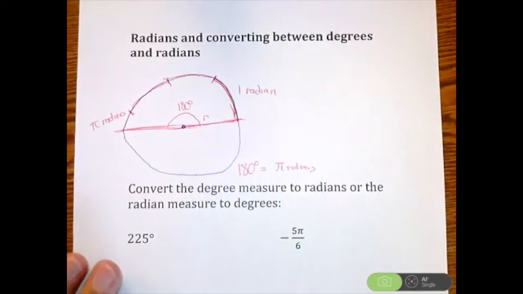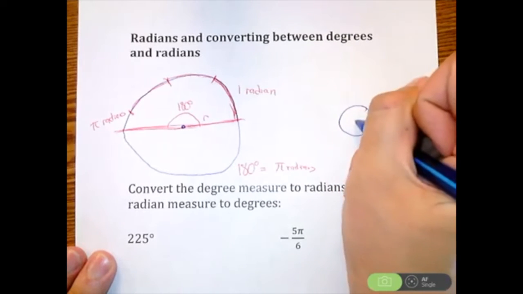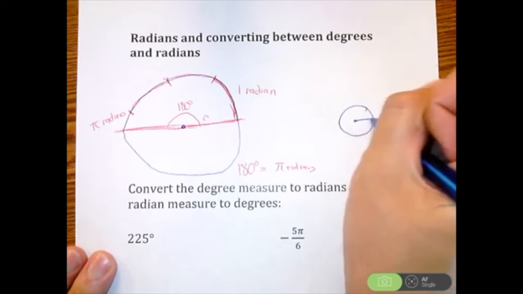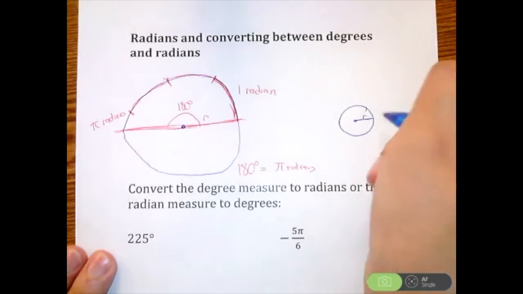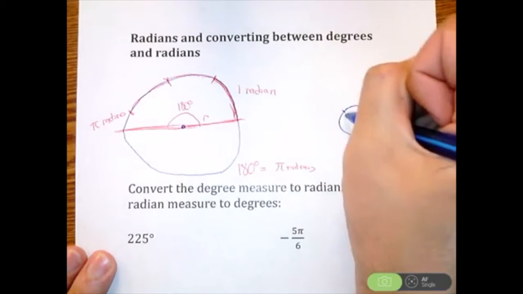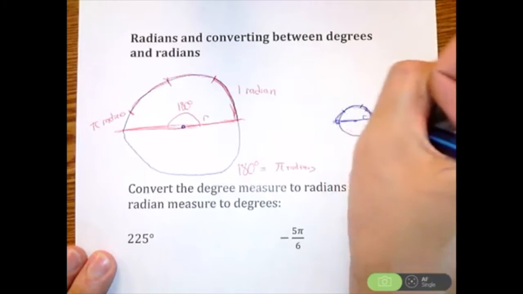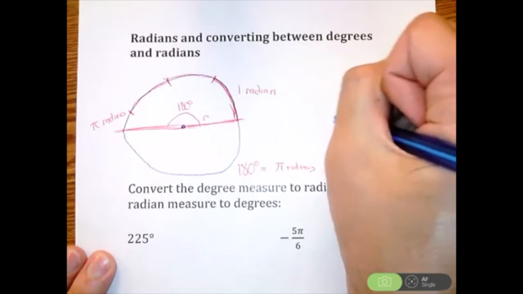Now this works for all circles. So say I had a much smaller circle here with a center and a radius. That radius, if we could do that on the arc there, it would require 3 and then 0.145, all that. 3 radians would be about here.